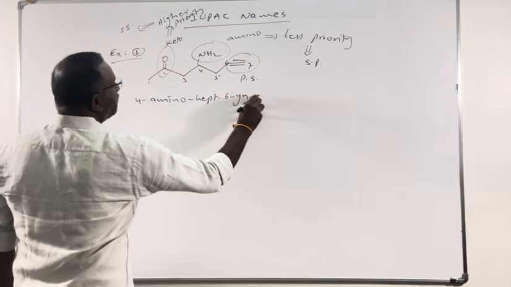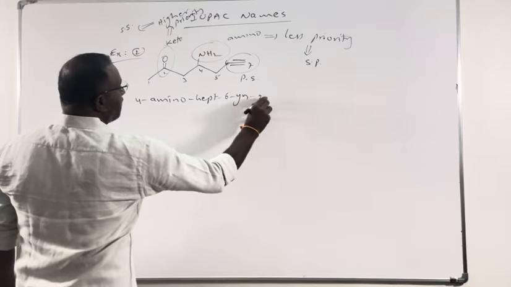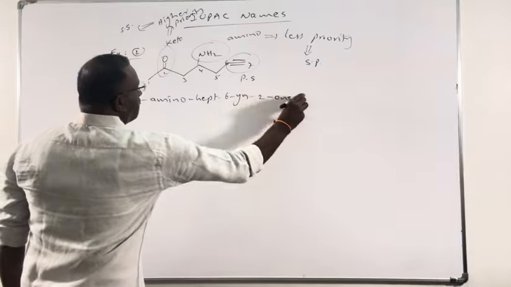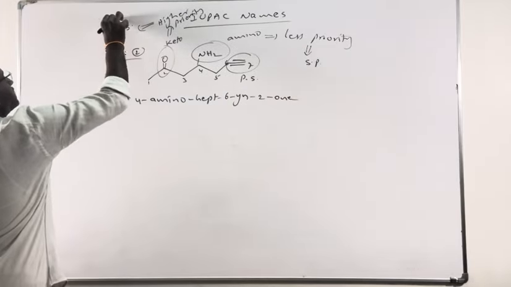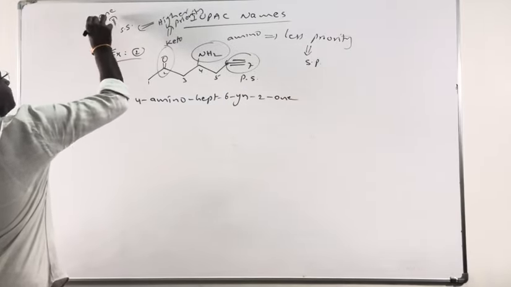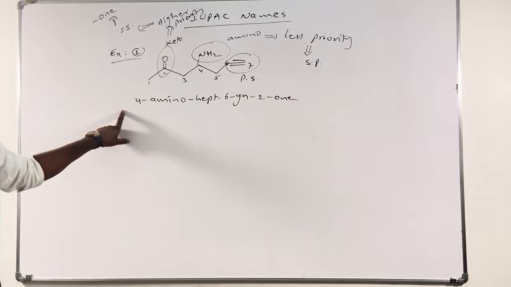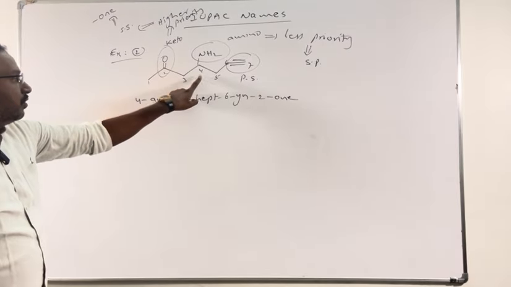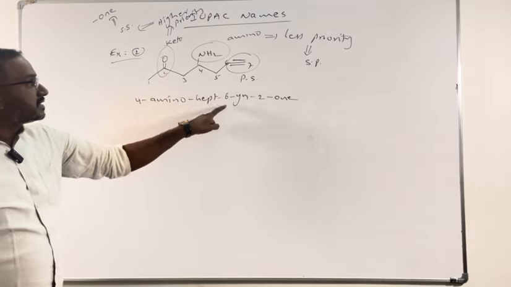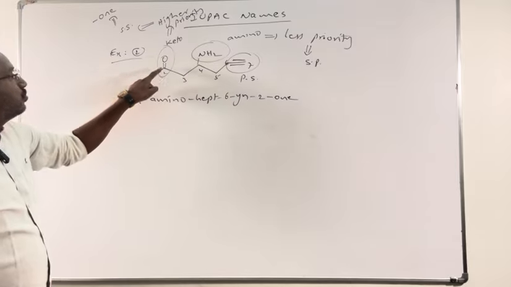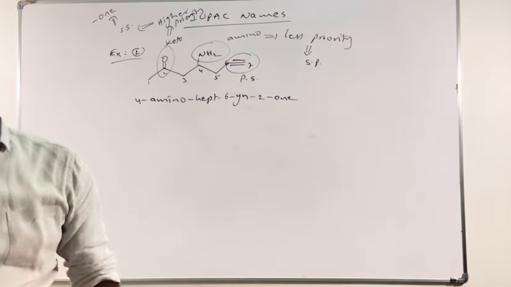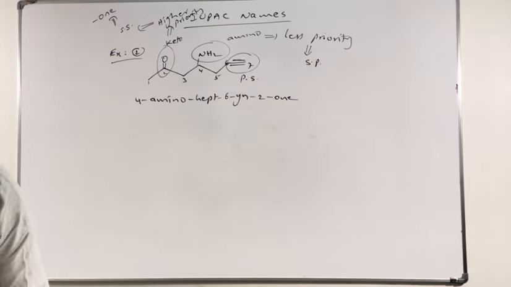After that, the position at the second carbon, and the suffix name for this is 'one'. So this is 2-one. The total complete name of this one is 4-amino-hept-6-yne-2-one. This is the IUPAC name for this molecule.